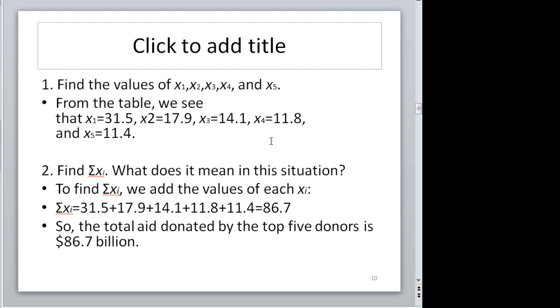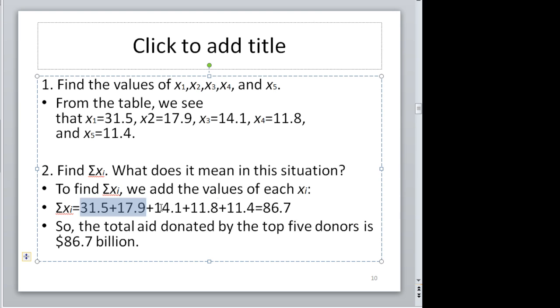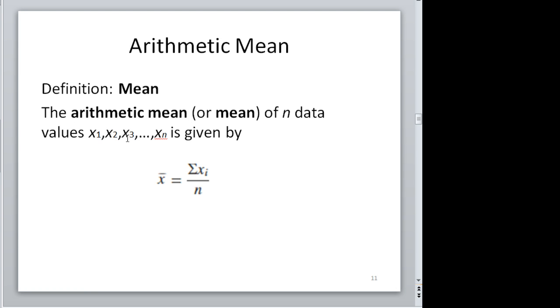So these are x1 all the way to x5, and to find sigma of xi we simply add all those x's. If you add all that, it becomes 86.7. So the total aid donated by the top 5 donors is 86.7 billion. That's sigma notation.